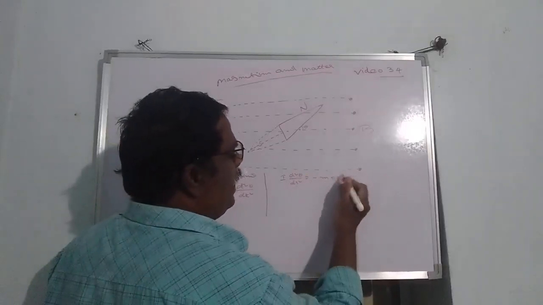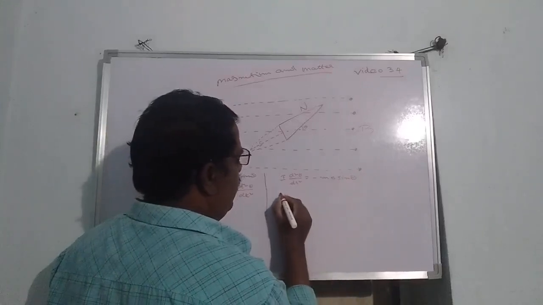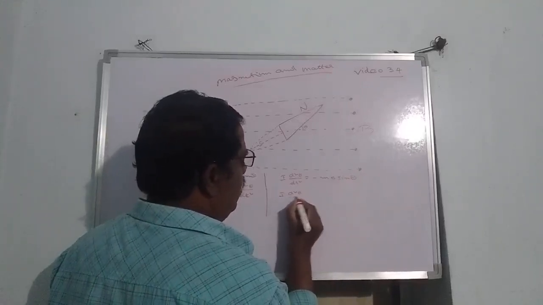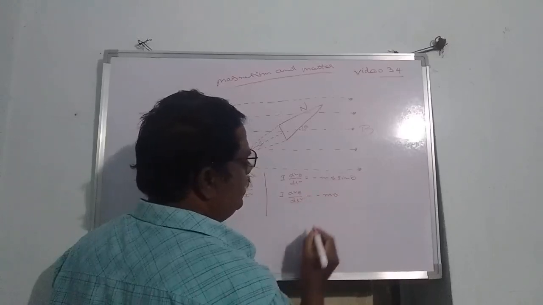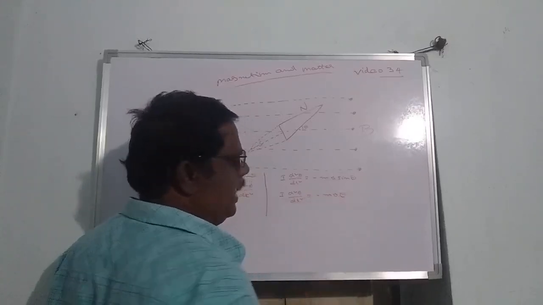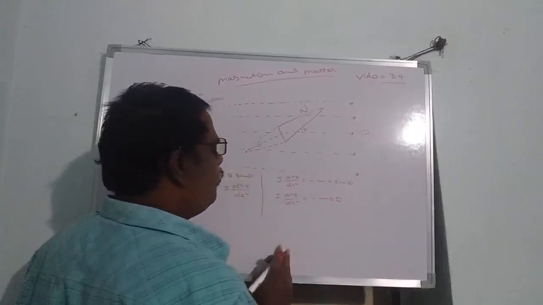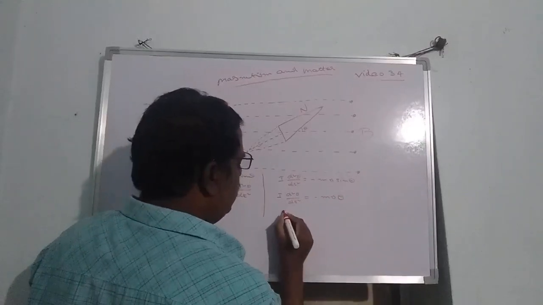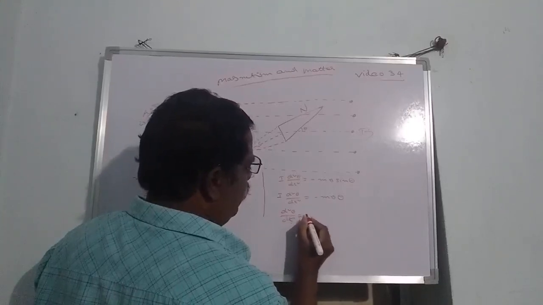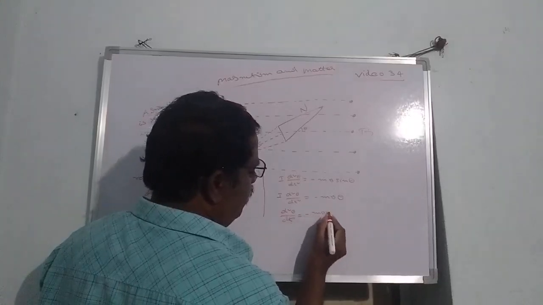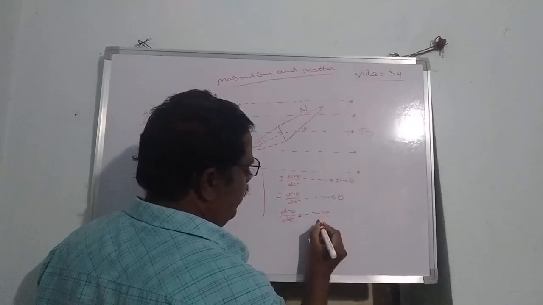For small angles, sin theta is approximately theta, so the formula becomes I d square theta by dt square is equal to minus MB theta. From this, d square theta by dt square is equal to minus MB theta by I.